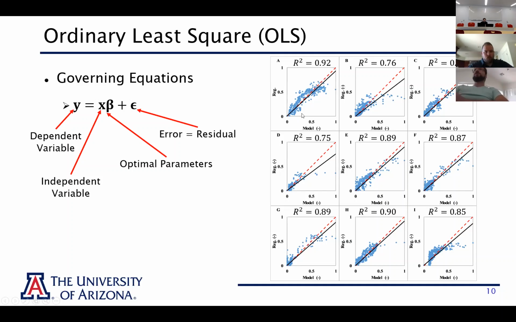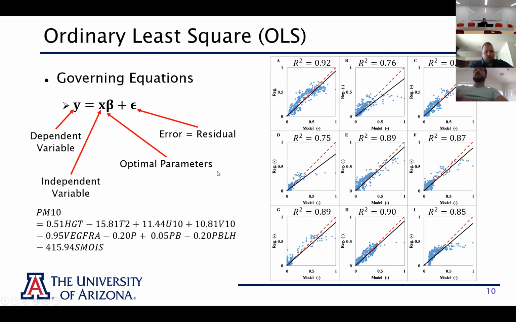So on the right, you can see all the case studies, A to I, with their determination coefficients, which are pretty good: 0.92, 0.85, 0.75. And based on all these case studies, we were able to recommend this general equation for PM10 in the state of Arizona.